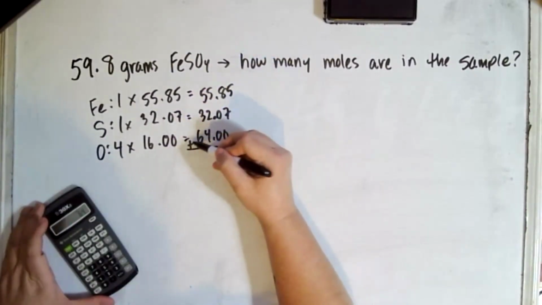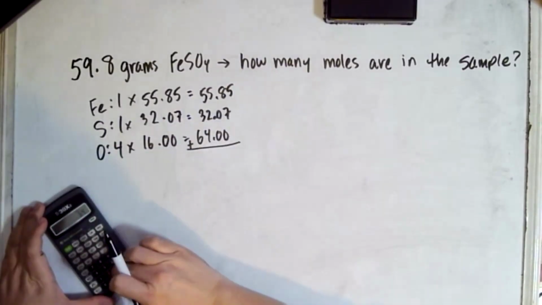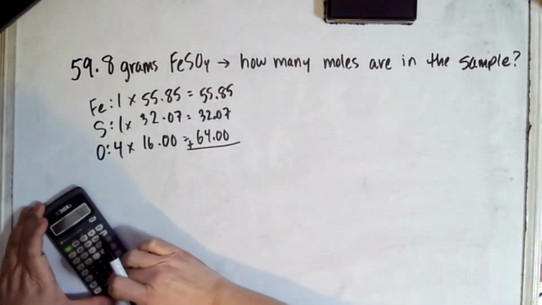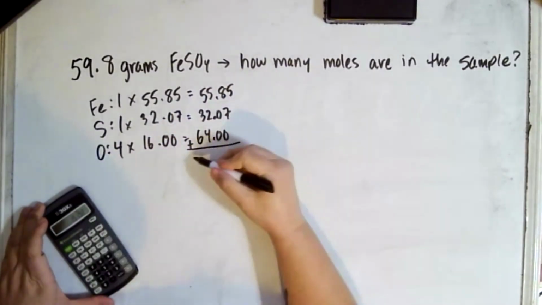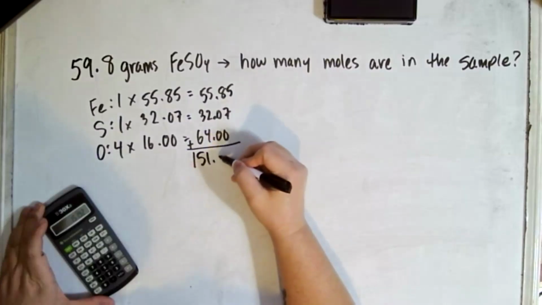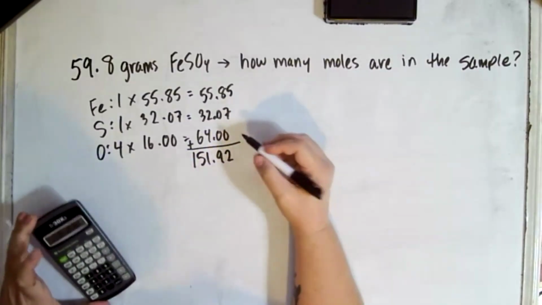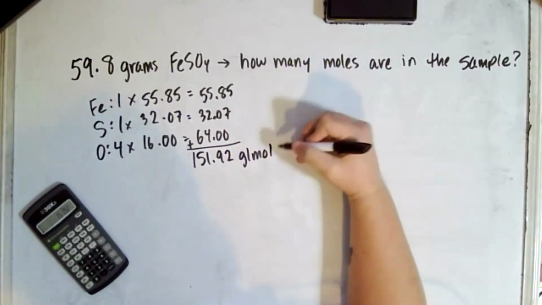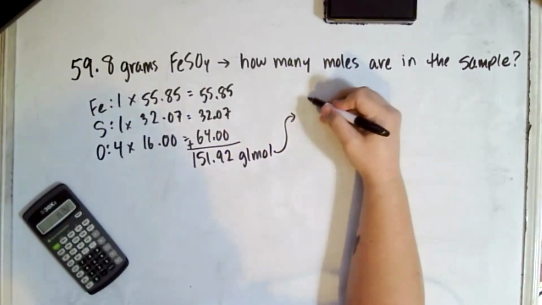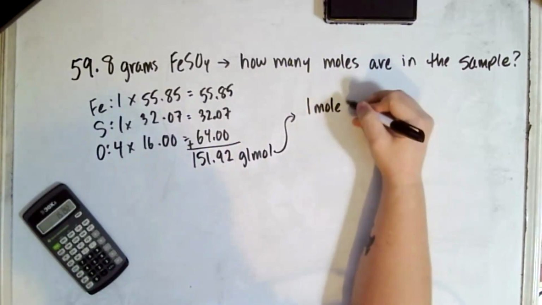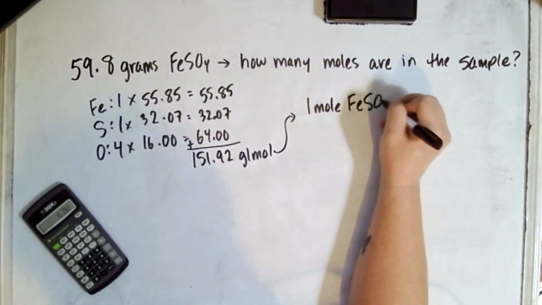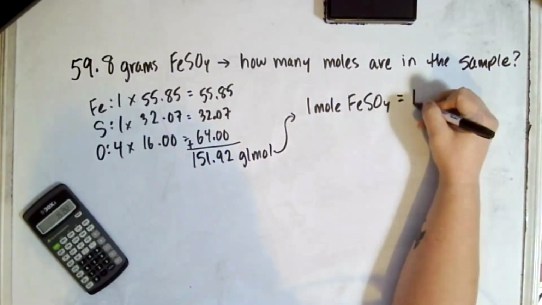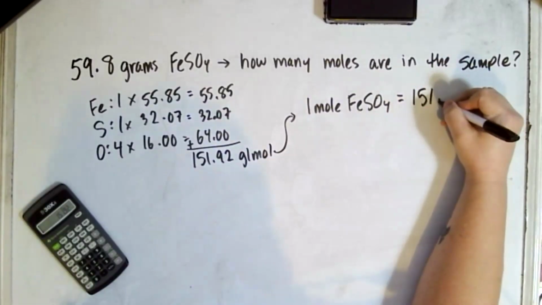Okay, so I'm going to add that together. That's my molar mass. So I'm going to make my equality for that. Every 1 mole of FeSO4 is going to be 151.92 grams.